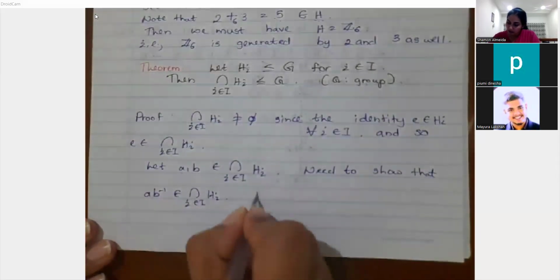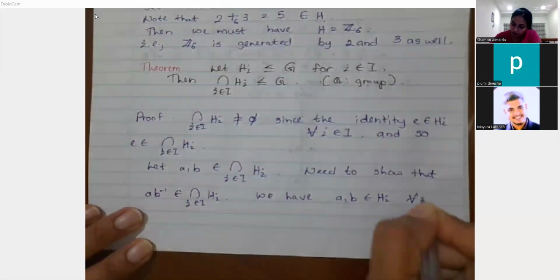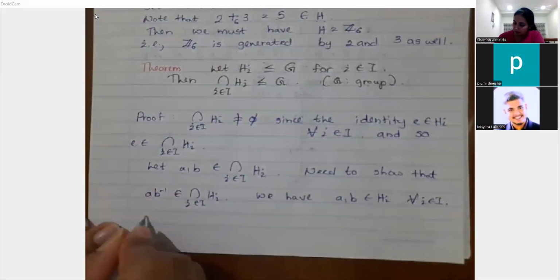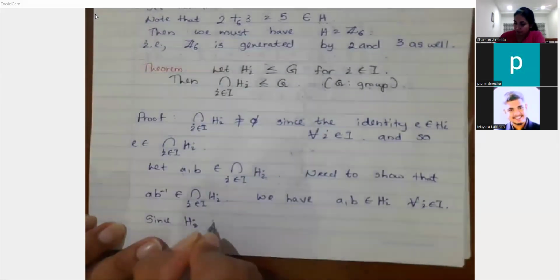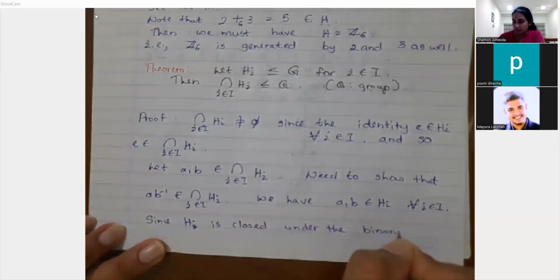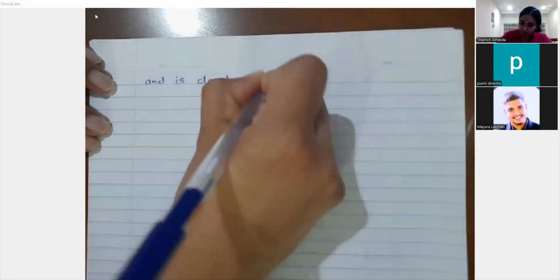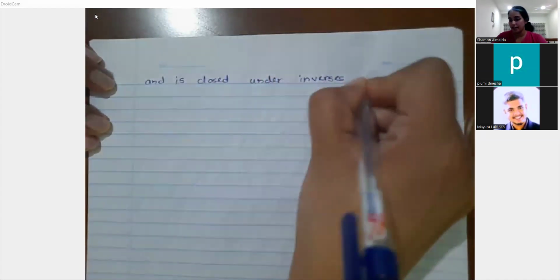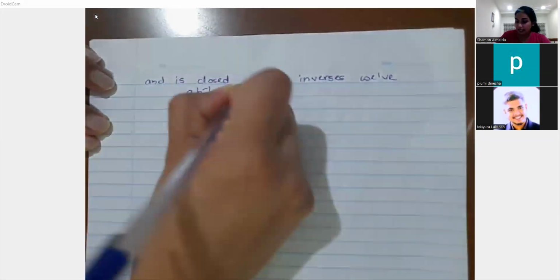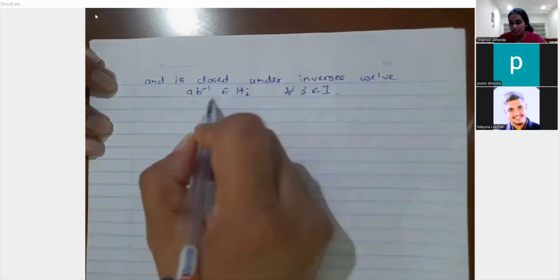Now after this, we can write we have a, b to belong in Hi for all i in the index set I. Since Hi is closed under the binary operation and is closed under inverses, we have a b inverse to be in Hi for all i in I. Now each Hi contains this element.